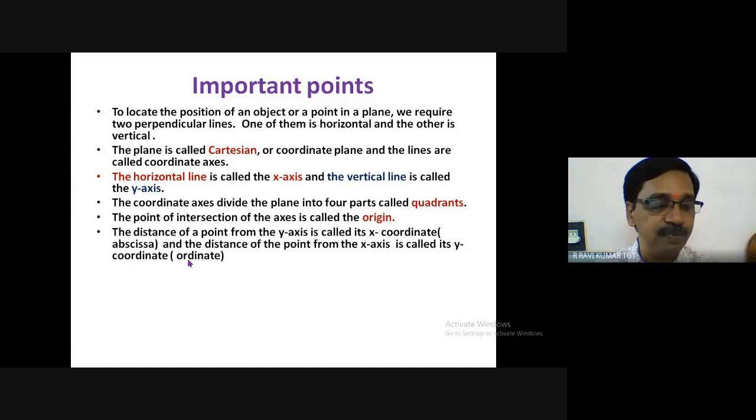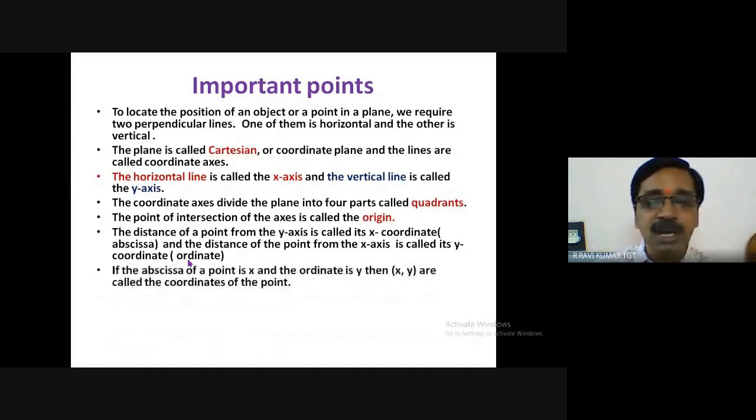We have the next point. The abscissa of a point is x. If the abscissa is x, the ordinate is y. This ordered pair (x, y) is called the coordinates of that particular point.